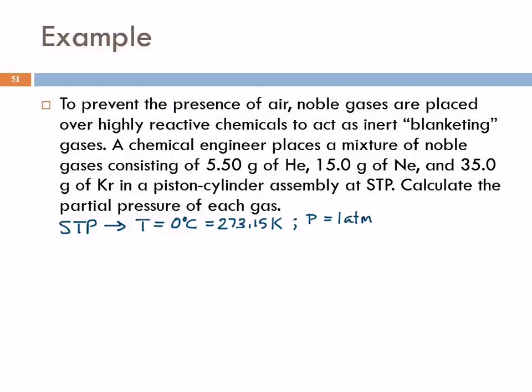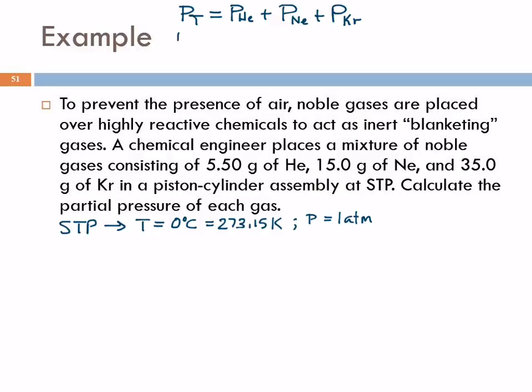We have a mixture of gases. It's asking for partial pressure of each gas. So we should be thinking, well, Dalton's law of partial pressures, those partial pressure laws. So let's see. The total pressure is going to be the sum of the pressures of each gas, the pressure of helium, plus the pressure of neon, plus the pressure of krypton.